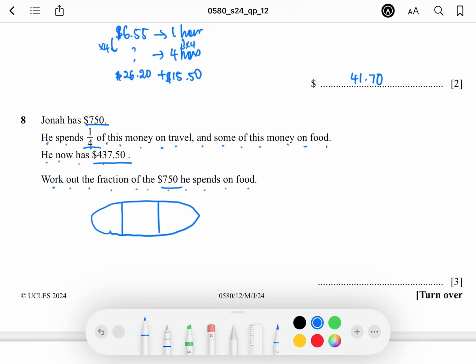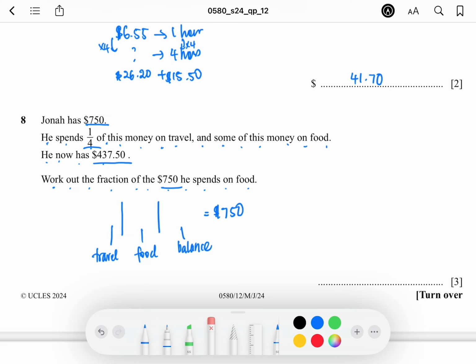So actually sabar. Travel, food. Ini apa? Ataupun balance. Pandai. Okay, the total ni berapa? $750. Let me make it into a box that most of you are familiar with.